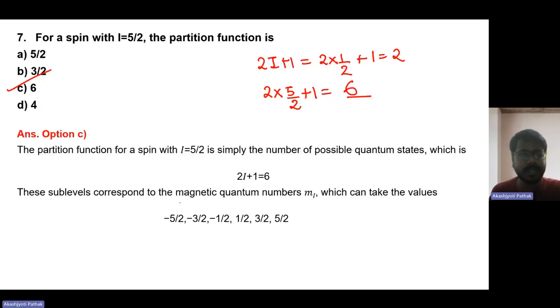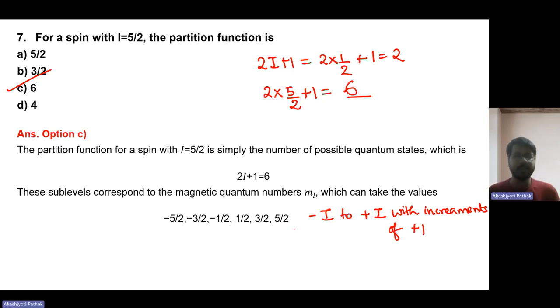So it is 6, and the sublevels corresponding to the magnetic quantum number mI can take values from minus I to plus I with increments of plus 1.